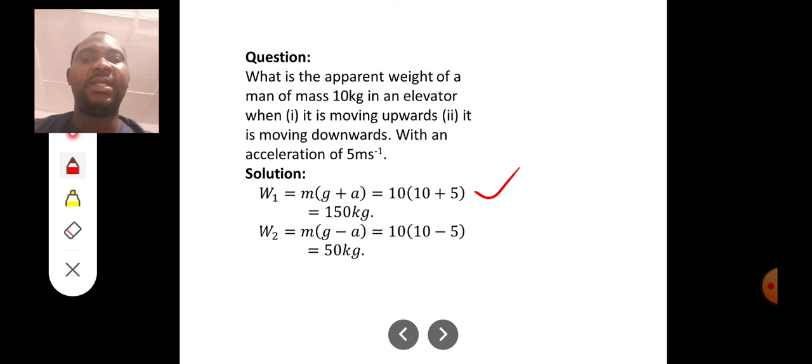Your mass is 10, acceleration due to gravity is 10, the acceleration of the elevator is 5, so 10 plus 5 is 15, and 15 times 10 gives us 150. The apparent weight when moving downwards will be m(g minus a), so 10 minus 5 is 5, 5 times 10 is 50. So that is how we got this.